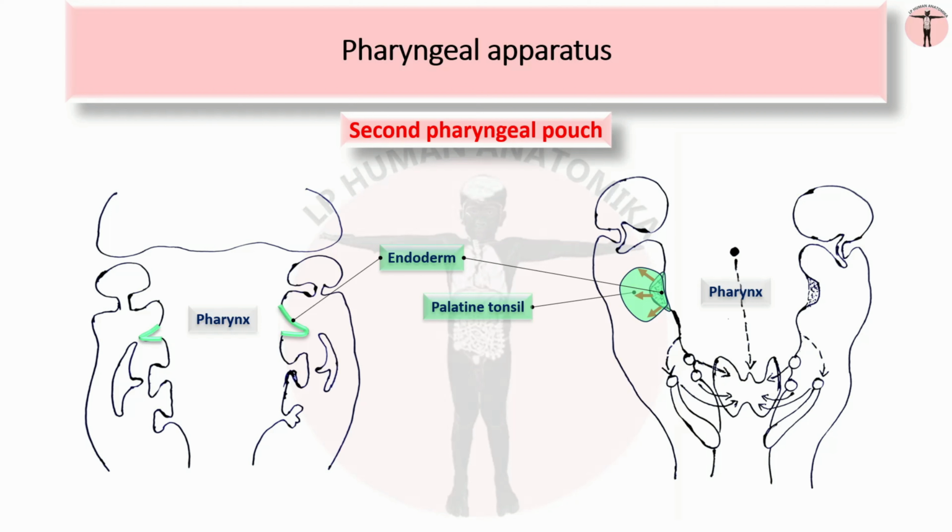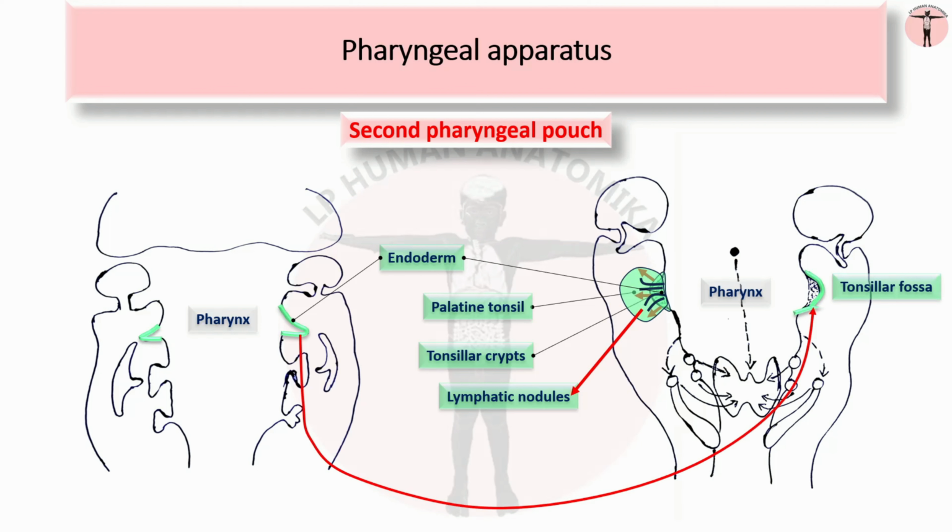The central part of the bud breaks down and forms the tonsillar crypts, which are lined by endoderm. During the 3rd and 5th months, the mesenchyme around the crypts differentiates into lymphatic tissue, which soon arranges itself into the lymphatic nodules of the palatine tonsil. Part of the pouch remains and is found in the adult as the tonsillar fossa.